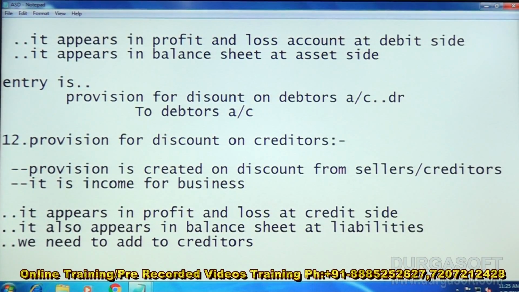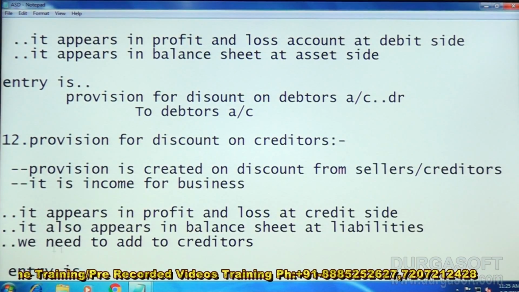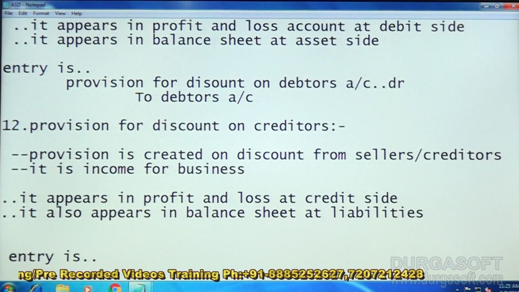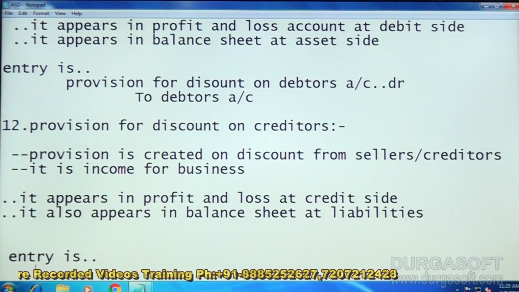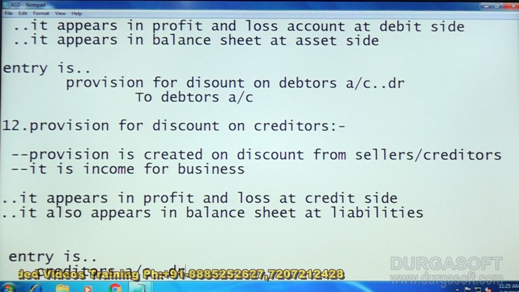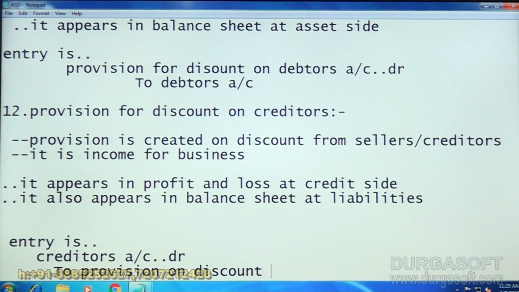Here the entry is opposite to the debtors, means creditors account debit, to provision on discount on creditors account.